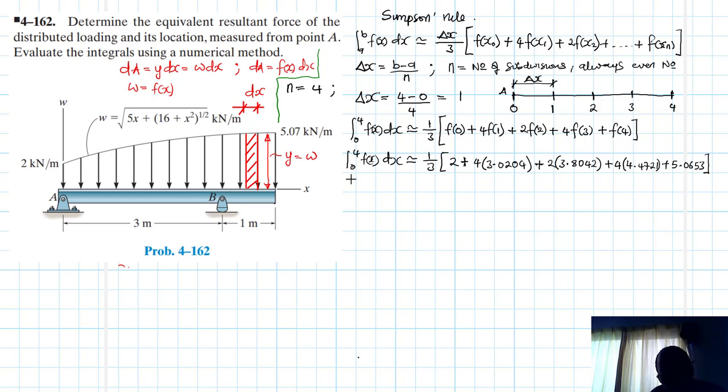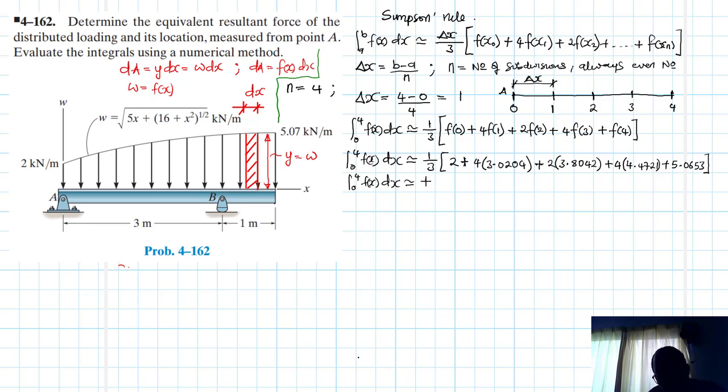So let's sum up everything. So what do we get? Dx, so we say 2 plus 4 times 3.0204 plus 2 by 3.8042 plus 4 times 4.4721 plus 5.0653, then divided by 3.